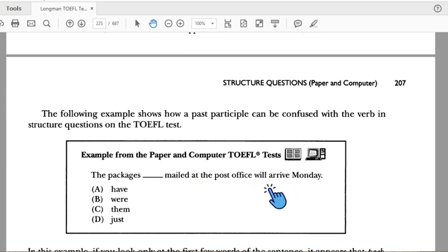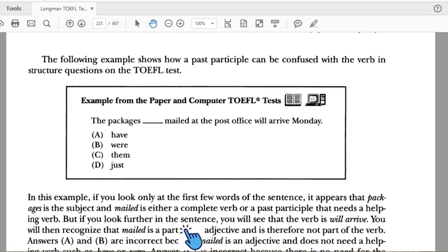Will arrive is a verb, so we don't need has, have, or to be here. So A is totally wrong, B is totally wrong, because will arrive is already the verb. Then what is this? No, because it's a pronoun, an object pronoun. So this is the answer, D.